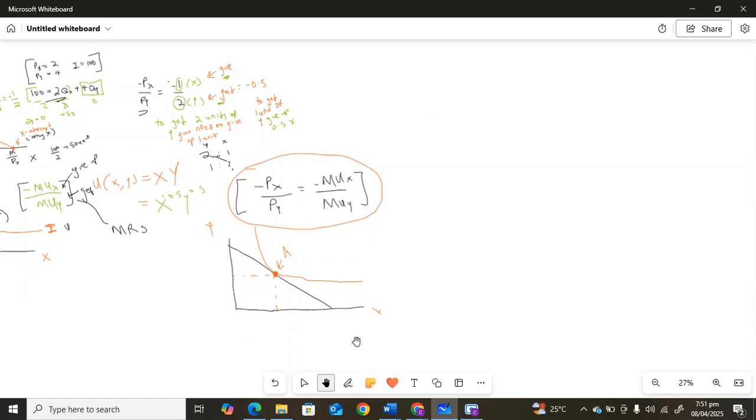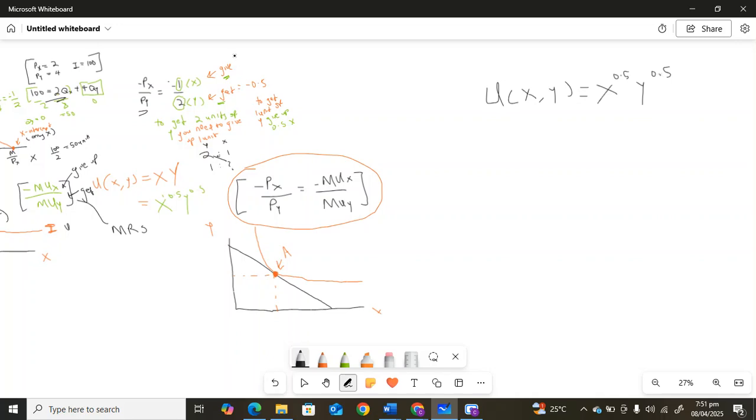Let's say, for example, you are given a utility function here: X to the power 0.5, Y to the power 0.5.